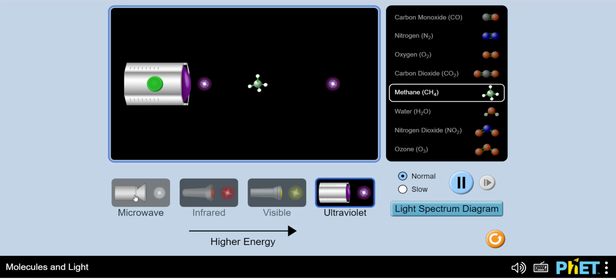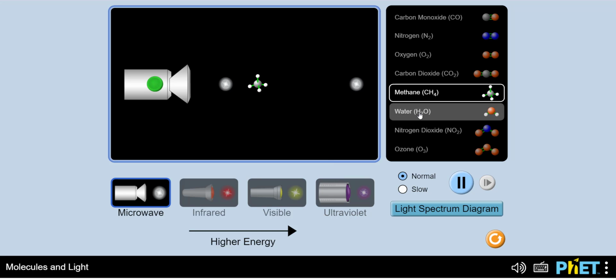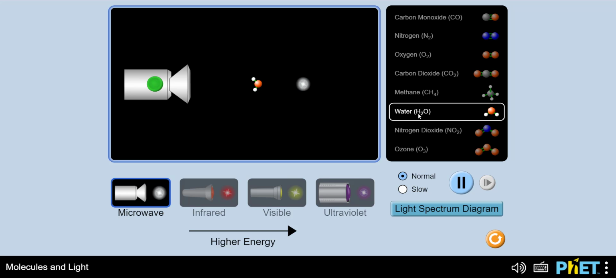Back to microwave and water molecule. Now infrared.